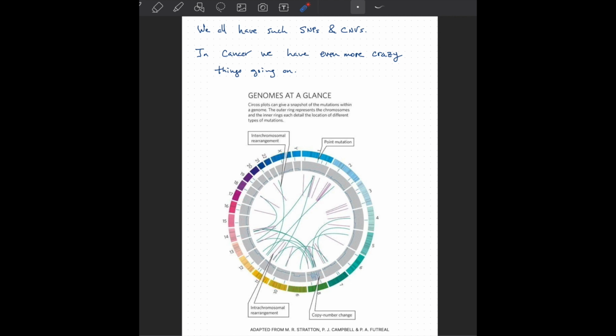The way you read this is, if you look at this line here, it says that a region of chromosome 13 has been fused with chromosome 1. So now you have this kind of hybrid, weird chromosome 1/13 type thing. So you're bringing genes that are normally very genomically distant from each other into close proximity.